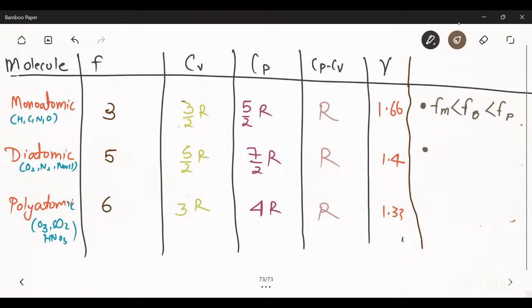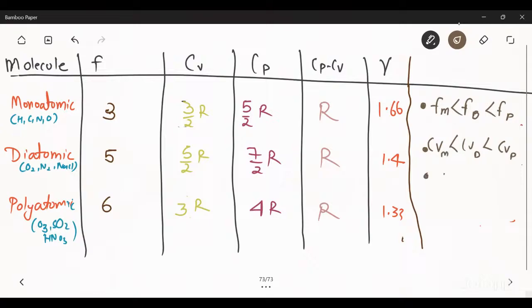Similarly, the value of Cv for polyatomic is greater than the value of Cv for diatomic molecule, which is greater than the value of Cv for monatomic.